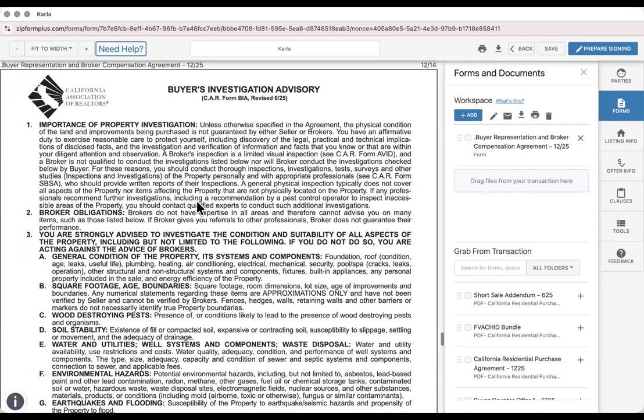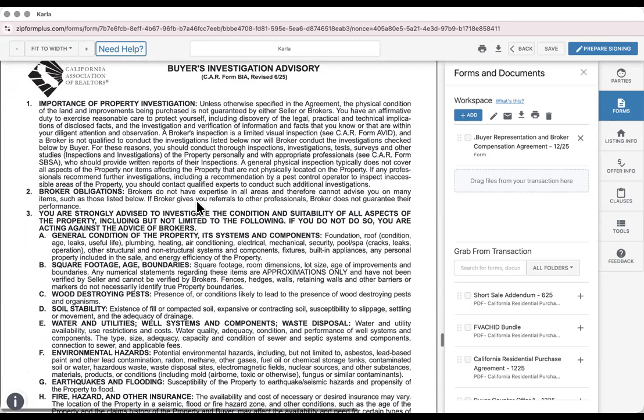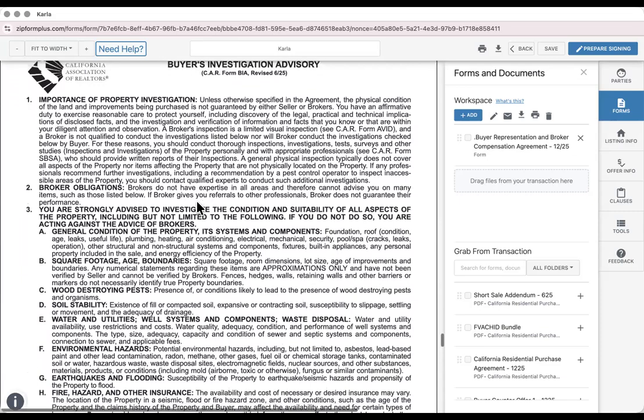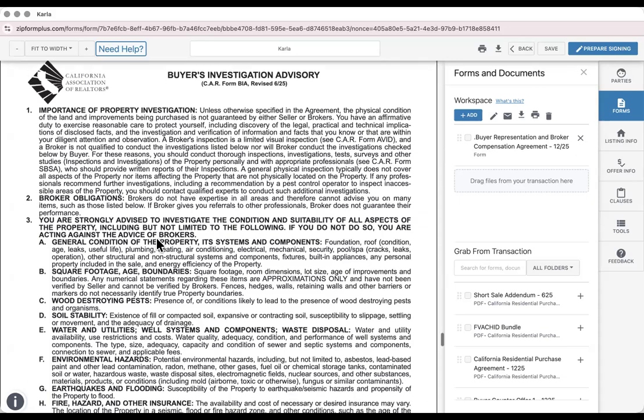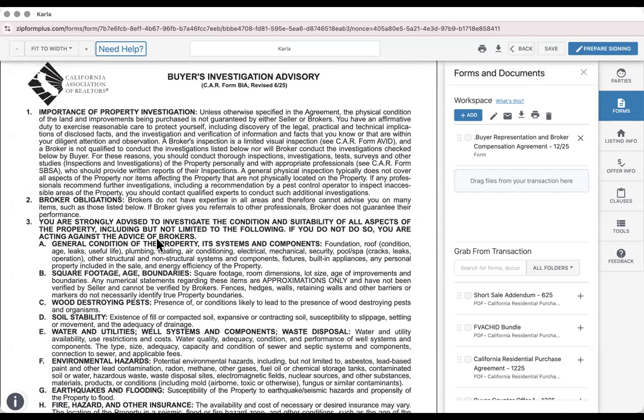So this is for the investigation advisory. This is something that I do bring up because recently I had a buyer purchase a home and they didn't have any contingencies. So they removed all their contingencies, which is fine, but they still wanted to do their inspections.